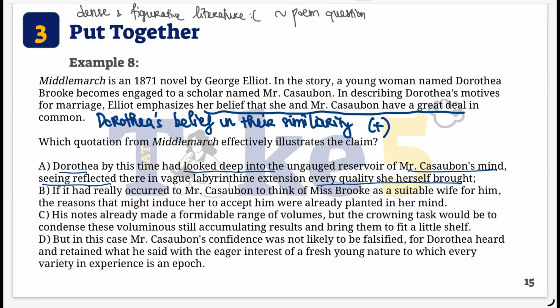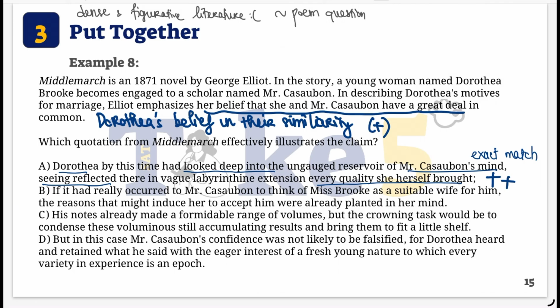Or literally, she looks into his mind and sees her own qualities reflected back. This shows Dorothea's positive feelings towards him and also indicates an exact match with the claim that she perceived him as very similar, if not downright identical to her.